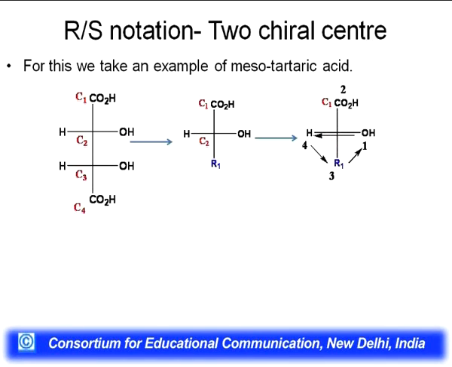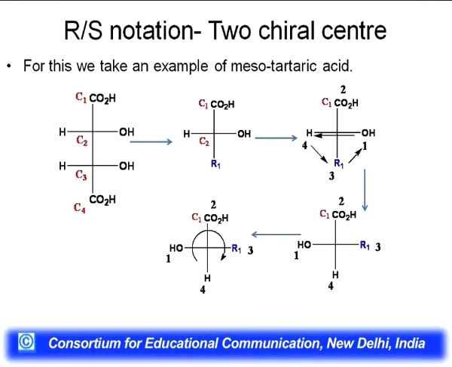Next, we do the usual thing, we go for the trigonal exchange. This hydrogen will come down, this R1 would go to this place and OH would come here. What would we make from this? You have the hydrogen coming on the vertical line, the hydroxyl going to the left side and R1 going to this side. I have put the priorities on this, and with the least priority group on the vertical line, I can do the movement from 1 to 2 to 3, and by this you can understand the configuration.